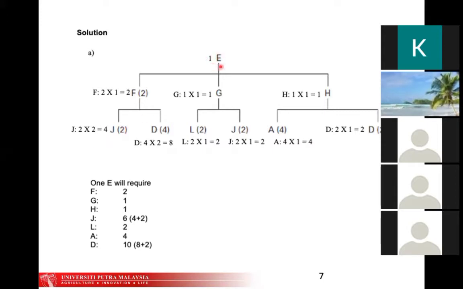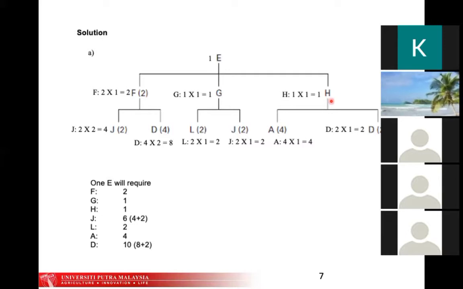E is level 0. F, G, H is level 1, and J, D, L, J, A, D is level 2. So we see the solution for this one. To produce a unit of finished product E, we need 2 units of F, 1 unit of G, and 1 H.